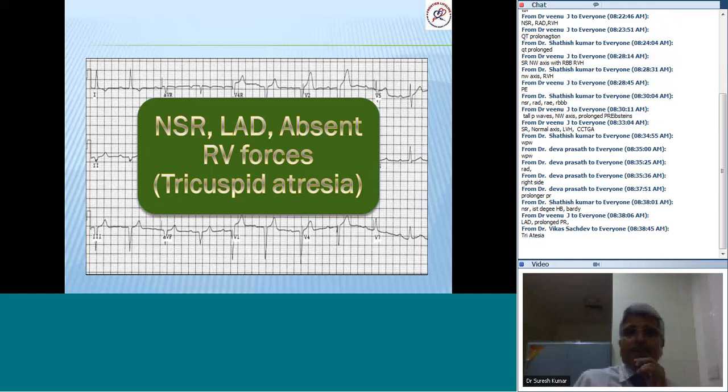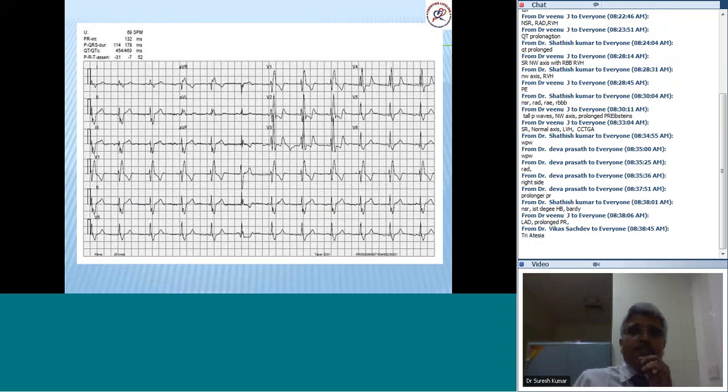Now look at this. This child had a surgery 3 months ago. Give me the findings and what could have been the surgery.